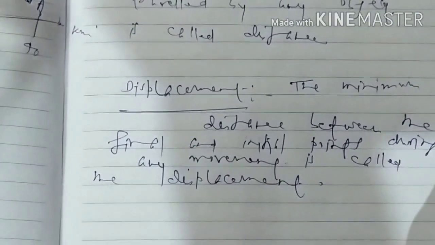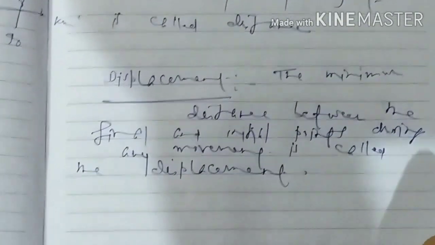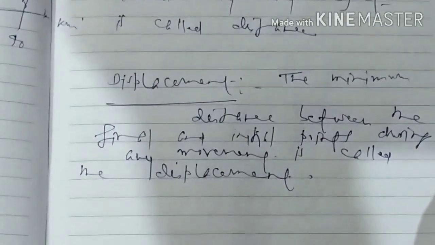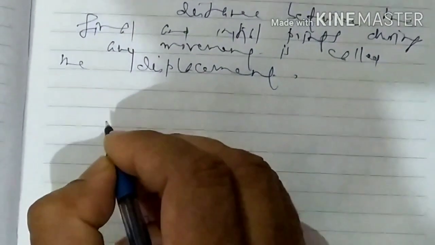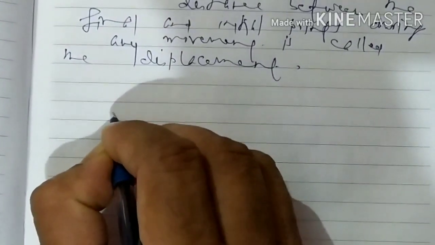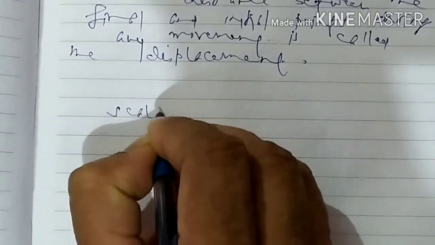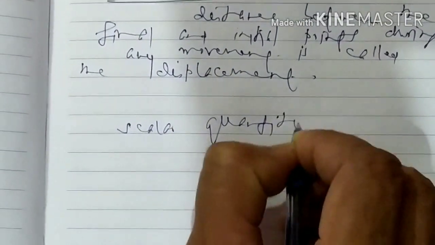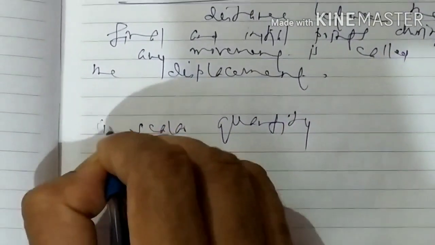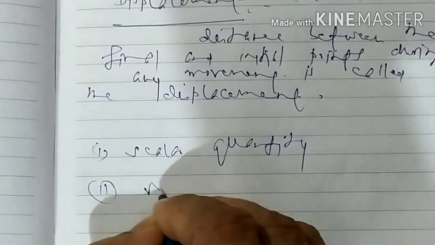To give more description about distance and displacement, we shall consider two things. First is a scalar quantity, and another is vector quantity.